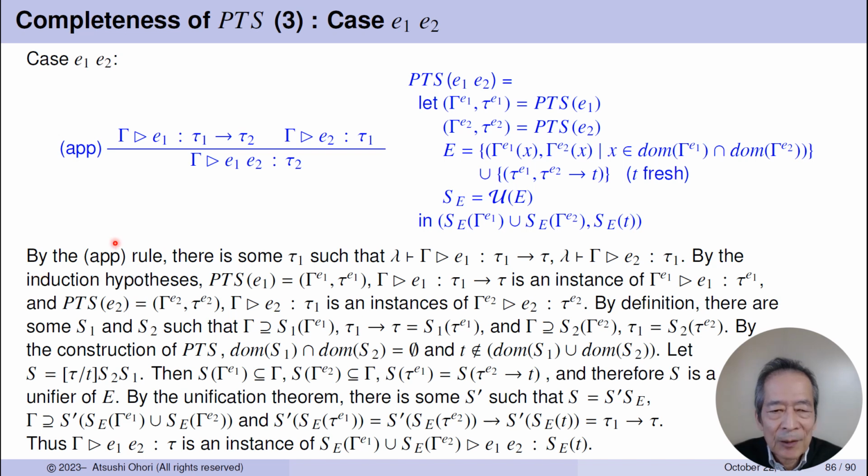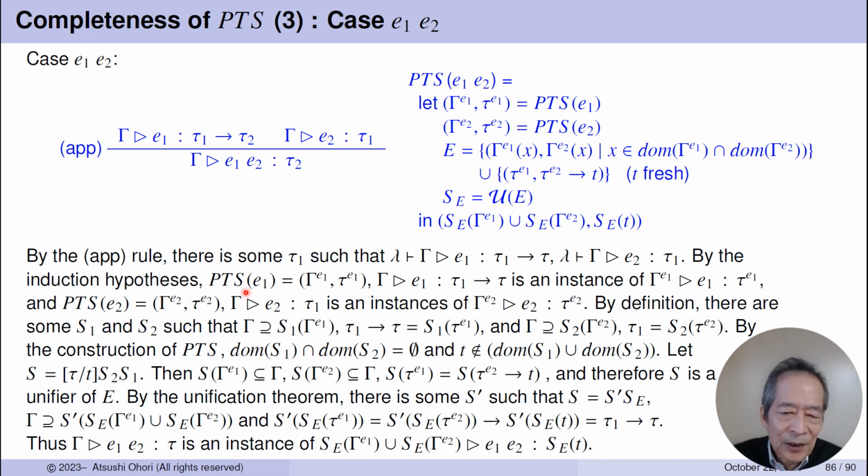So the derivable typing must be derived by this APP rule. By this APP rule, there must be some tau 1 such that this typing and this typing are derivable for some tau 1. By the induction hypothesis, this recursive call and this recursive call succeed with some principal typing of this and this.